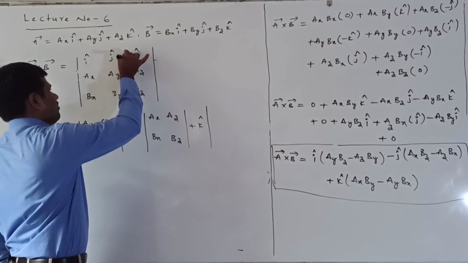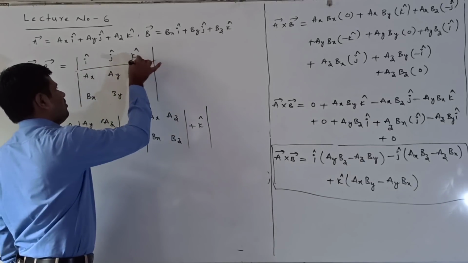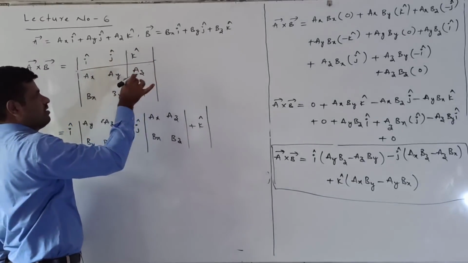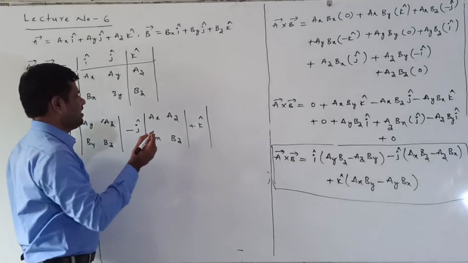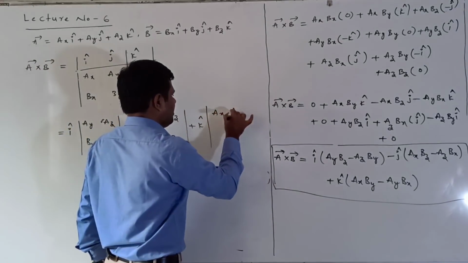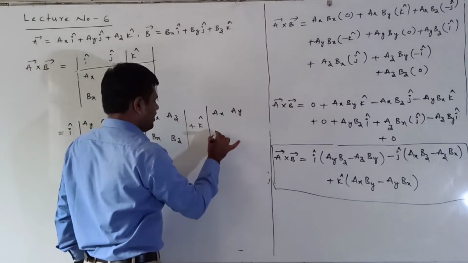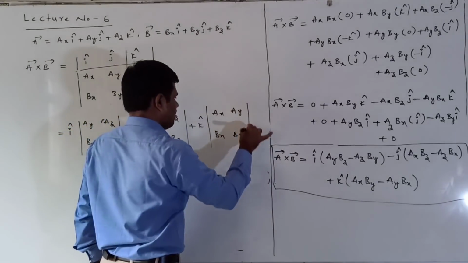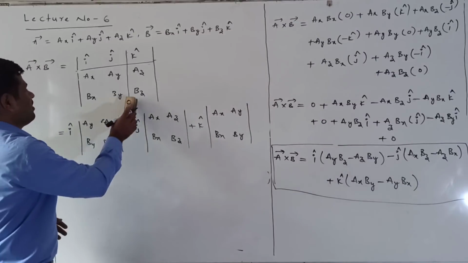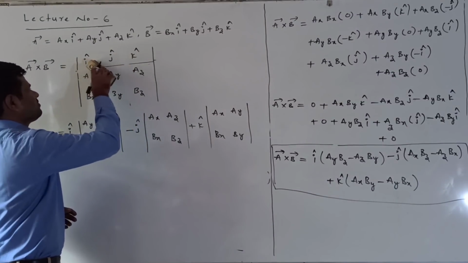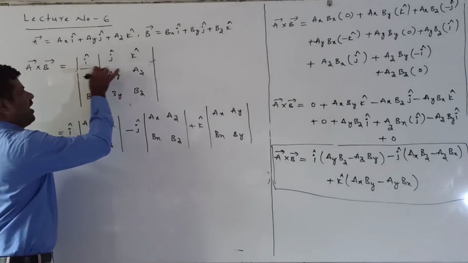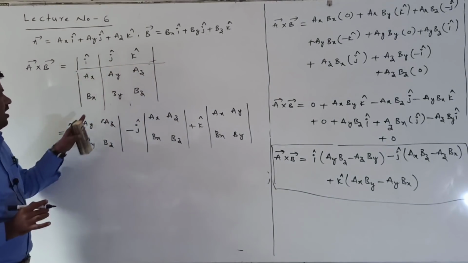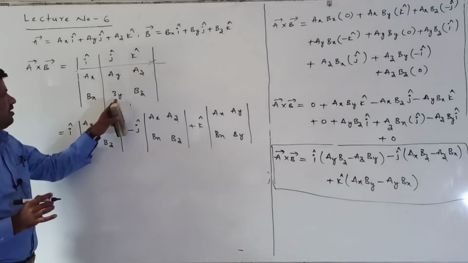For k cap, leave its row and column and write the remaining: Ax, Ay, Bx, By. Listen once again, I am explaining. First i cap: leave row and column, remaining Ay, Az, By, Bz.